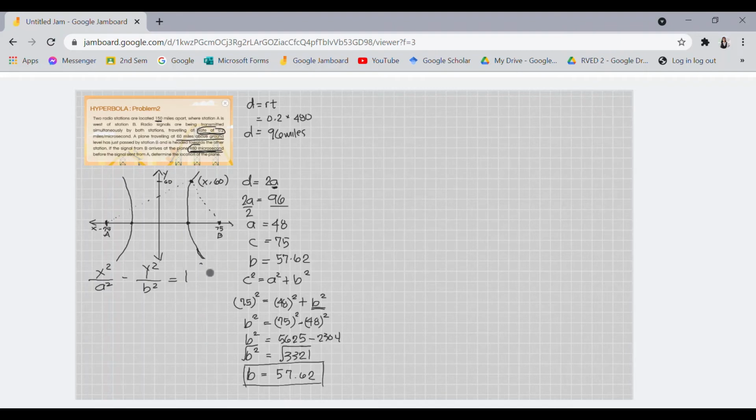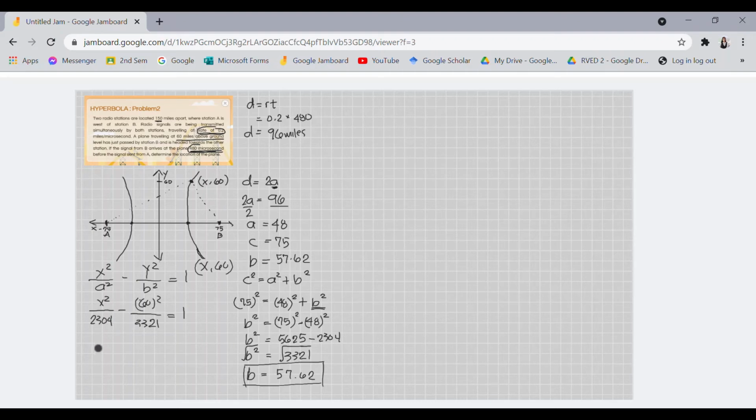Let's say we are solving for the coordinate x, comma 60, which is part of the hyperbola that we have. So x squared is unknown. A squared is 2,304. So we have 2,304 minus y squared is given, so we have 60 quantity squared over b squared. Remember, that's from 3,321, equals 1. So we are solving for x.